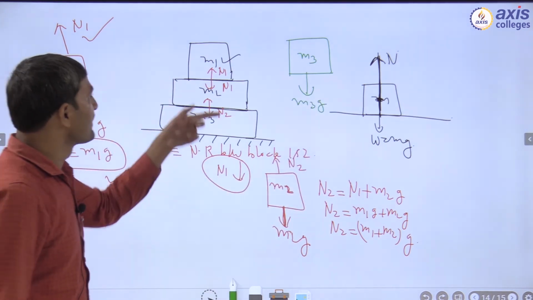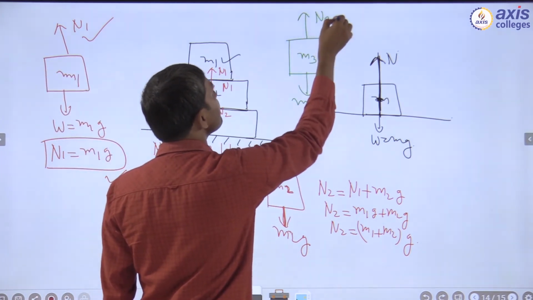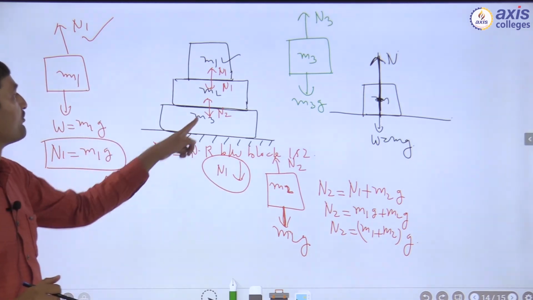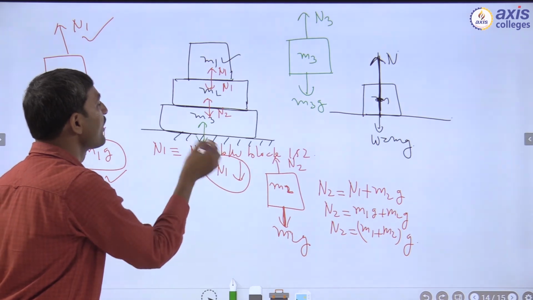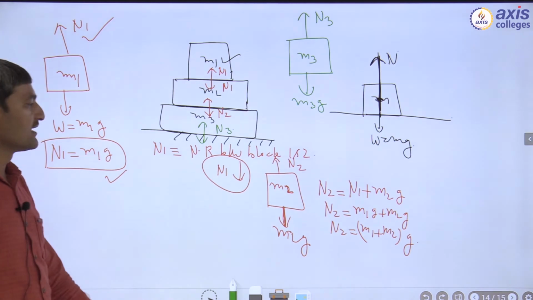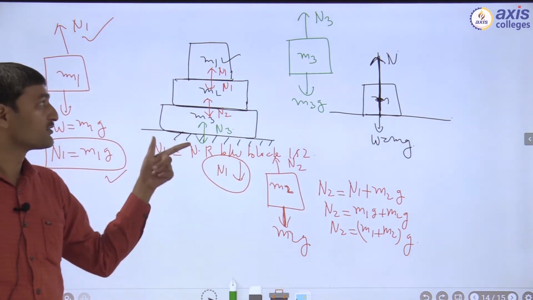And the normal reaction will work upward, N3. And what is N3 here? N3 is the normal reaction between block 3 and the ground.